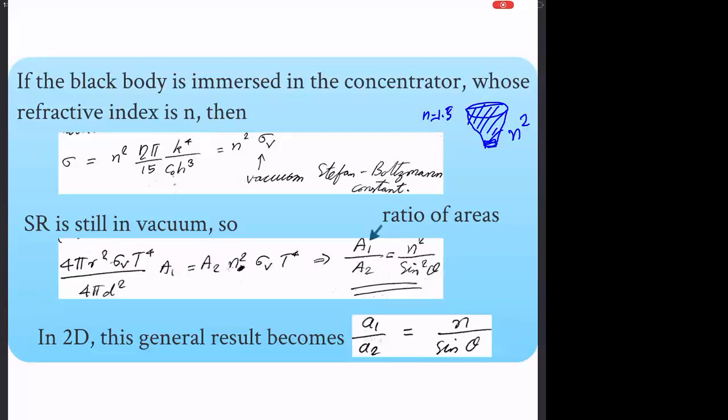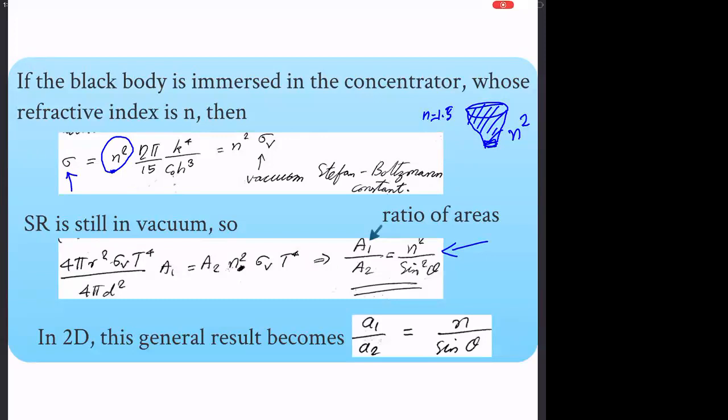But just be aware, you don't need to memorize any of these equations, of course, but the Stefan Boltzmann constant, sigma, depends on n squared, which we saw before. It just means that it is n squared times the vacuum Stefan Boltzmann constant. Now, if you plug in all the numbers, what you see is that the concentration ratio is now n squared over sine squared theta, as shown here.